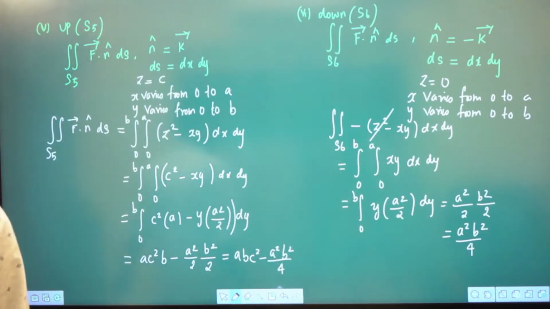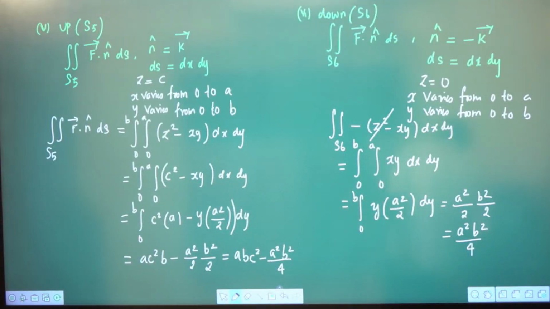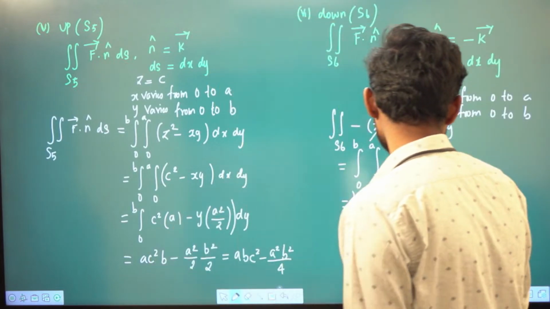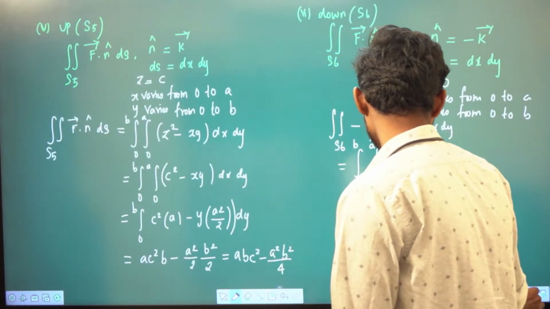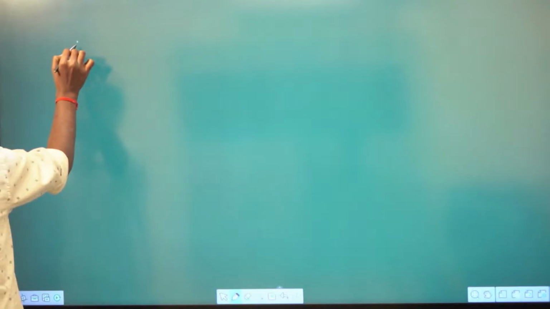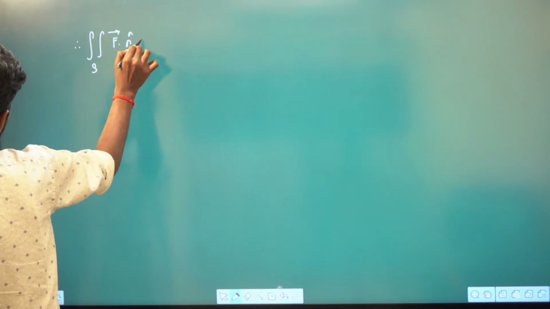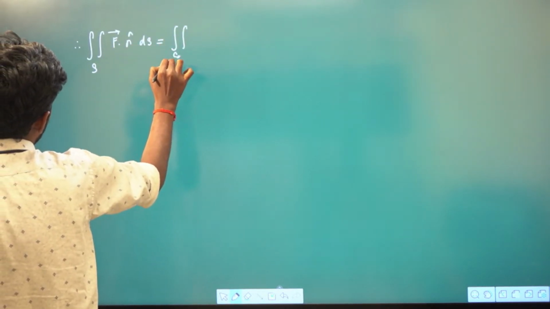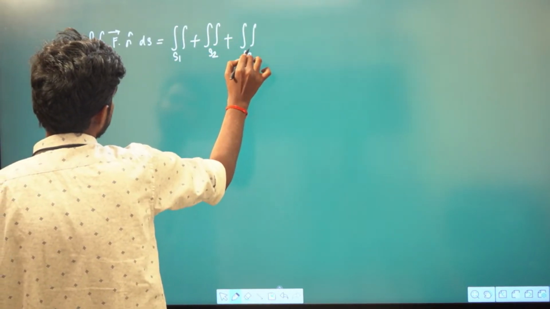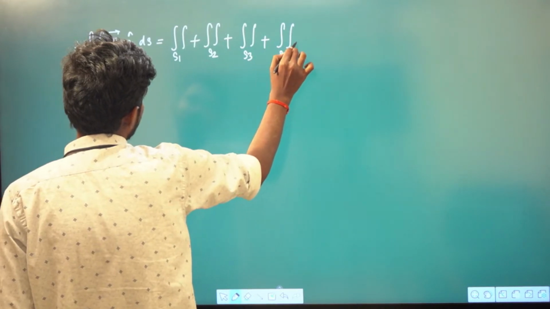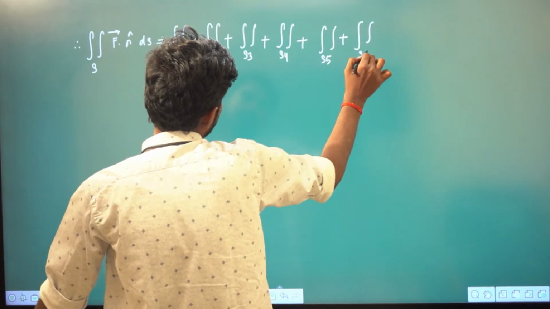So we have found the double integral over all the six faces, and we know that double integral over S of f vector dot n cap ds is the same as the double integral over s1 plus double integral over s2 plus double integral over the surface s3 plus double integral over the surface s4 plus double integral over the surface s5 plus double integral over the surface s6.